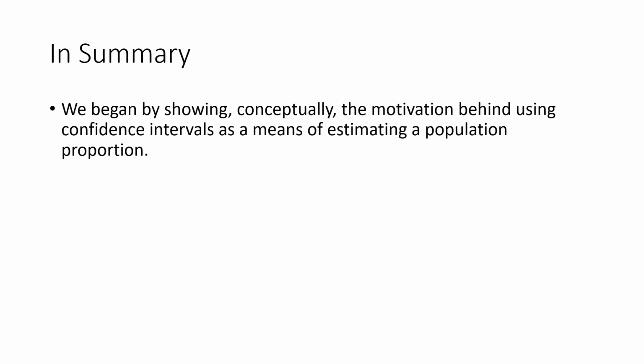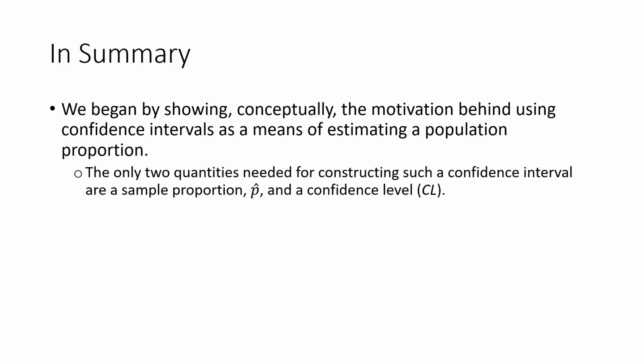Let's go ahead and summarize what we've looked at in this video. We began by showing, conceptually, the motivation behind using confidence intervals as opposed to just a point estimate as a means of estimating a population proportion. The only two quantities needed for constructing such a confidence interval are the sample proportion value and a confidence level.